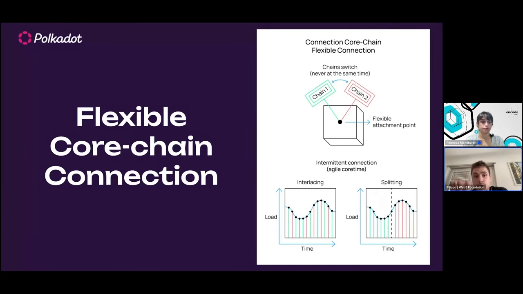This flexible core chain connection is a little bit different in the sense that now, if you want to access this computation, you essentially have to buy time on a core. This is where core time comes from. You have to buy your time on a core.